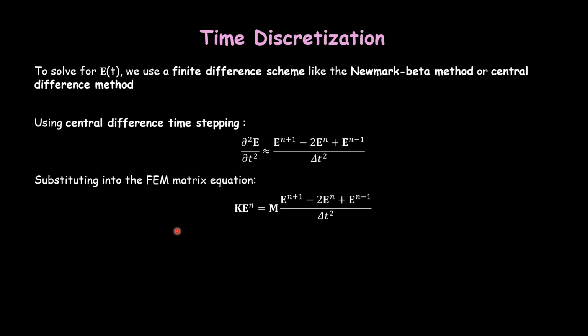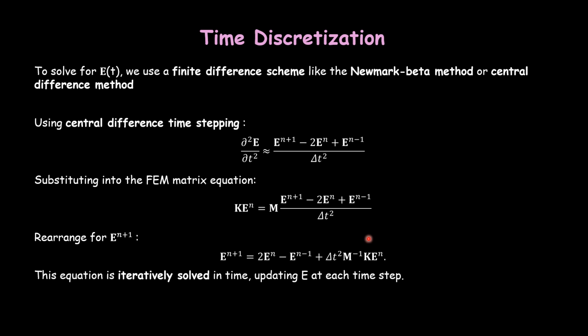If you substitute that into the FEM equation, you end up with an equation that looks something like this, which can be converted into arrays and implemented using C++ code or Julia or Python, whatever is your preference. We can rearrange for the electric field at the next time step, and this equation is iteratively solved in time, updating E at each time step.